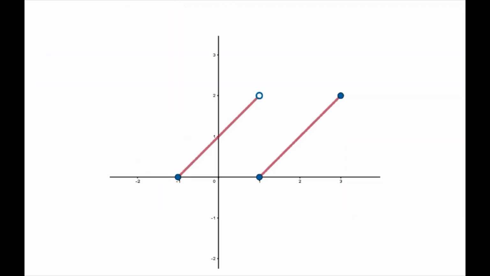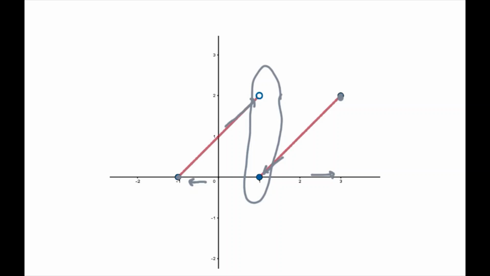Now what about here? Well, at the endpoints, the limit from the right side equals f(-1), and the limit from the left side of 3 equals f(3), but I have a problem here. What happened here? The limit from the right side equals 0, and the limit from the left side equals 2.